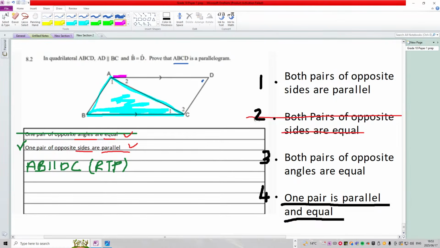Then I have triangle ADC. I'm going to try and prove that those angles are equal. What I'm going to use over here is congruency.